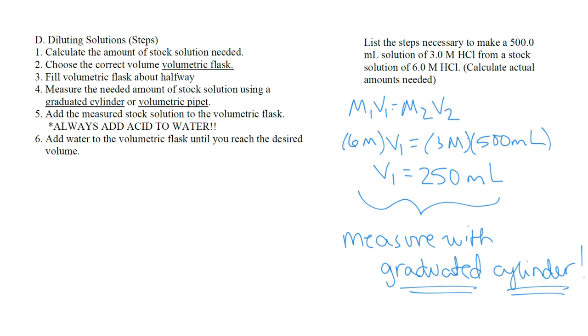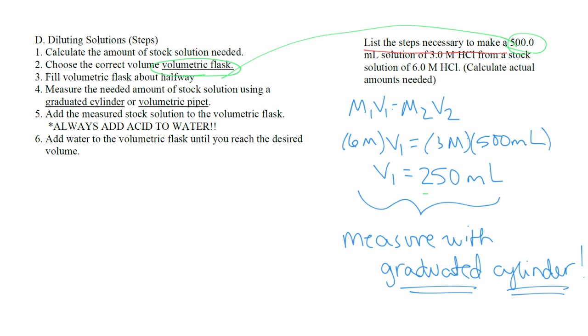So when you're asked to answer a question about listing the steps necessary to dilute solutions, just like on our previous question, you still want to make sure that you talk about using your volumetric flask. So if I'm going to make a 500 milliliter solution, that means I want a 500 milliliter volumetric flask. You fill it about halfway.